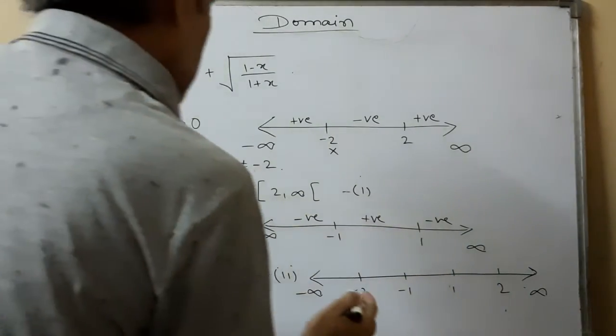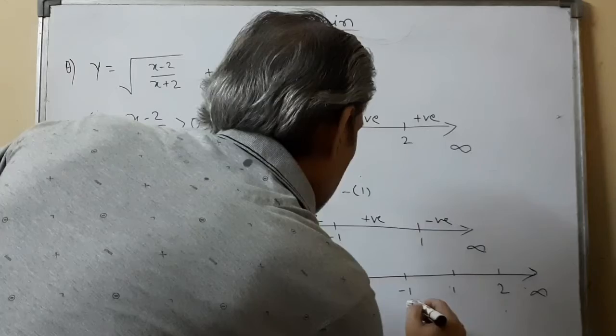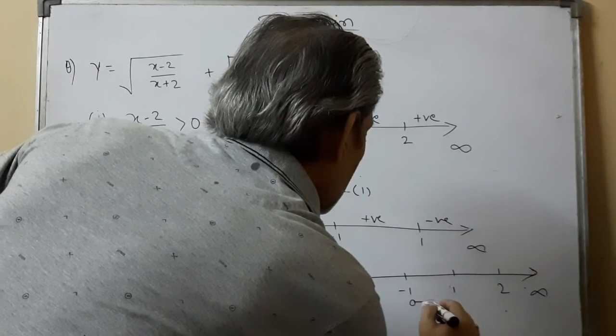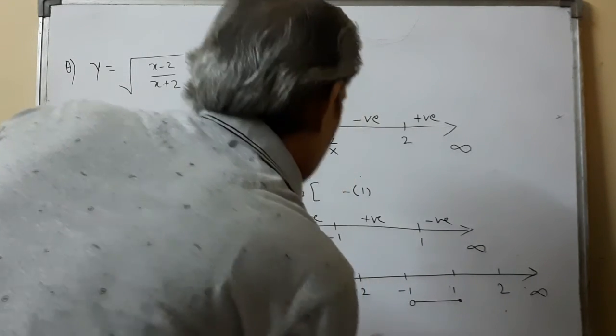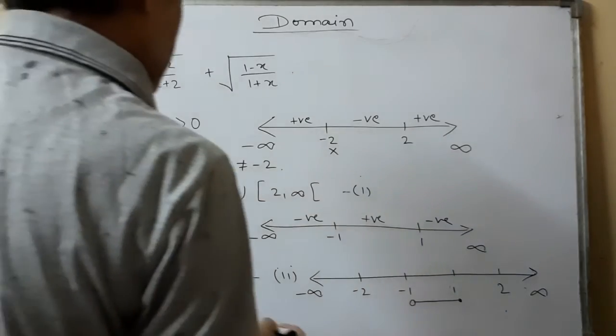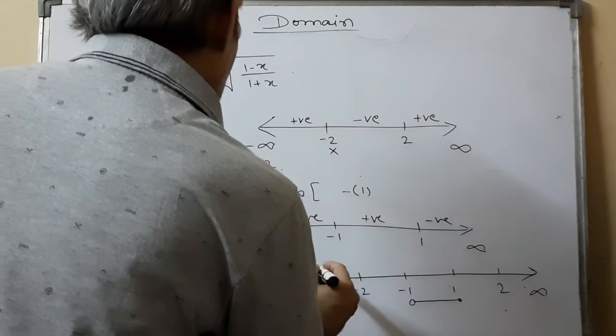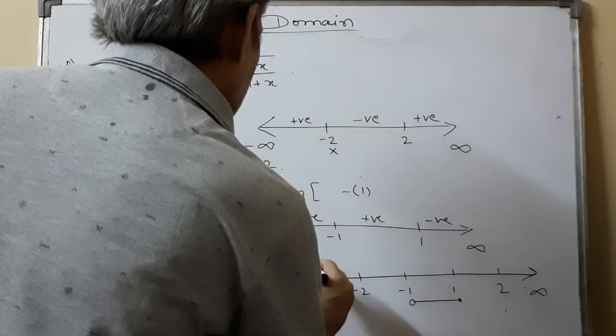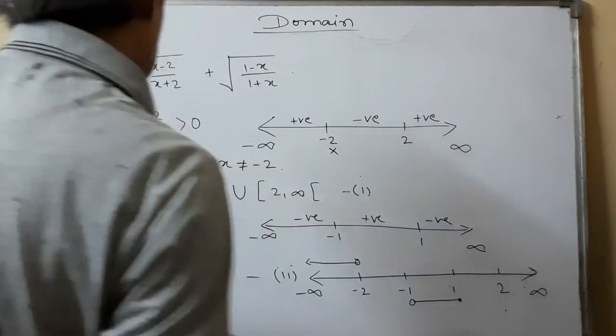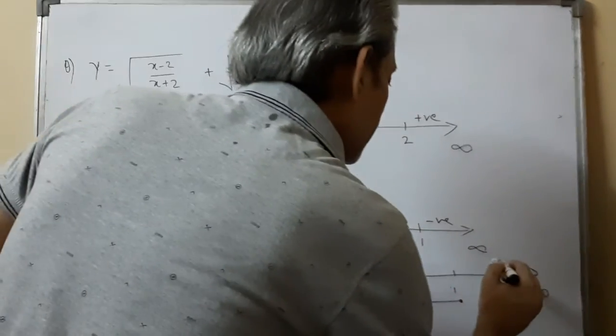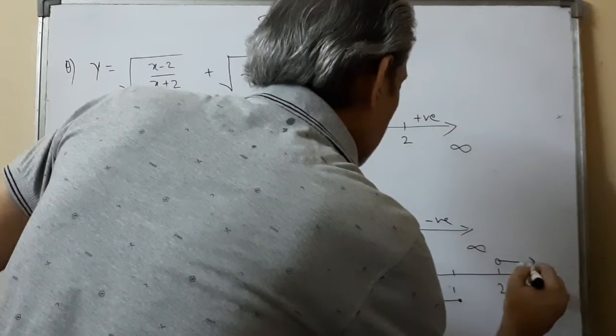Here it says -1 to 1, -1 is not included, 1 is included. And from here we can see -infinity, -2 not included, and 2 to infinity, 2 not included.